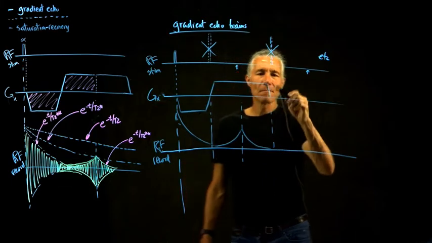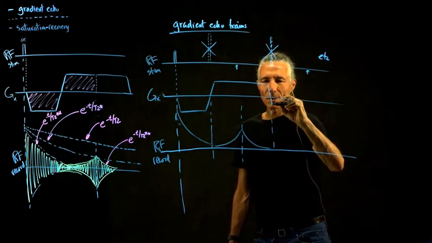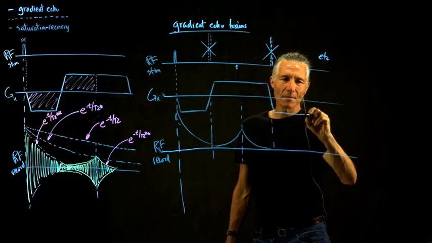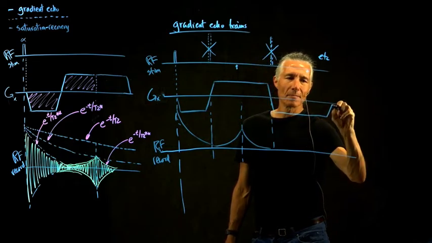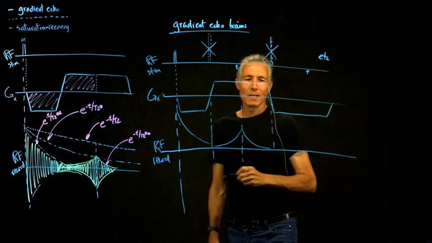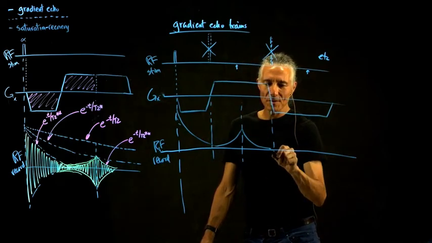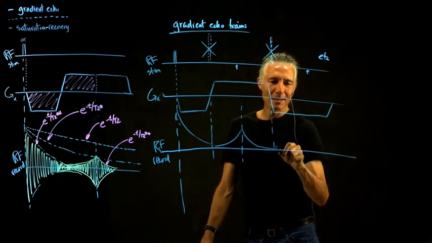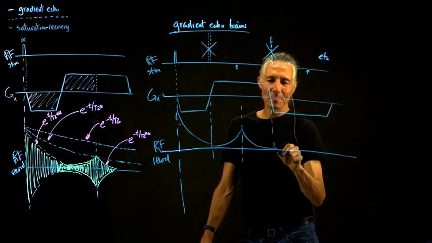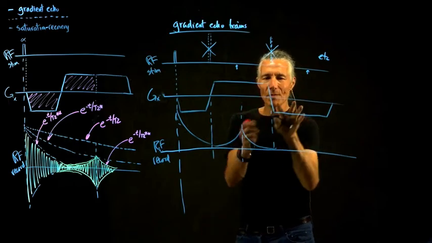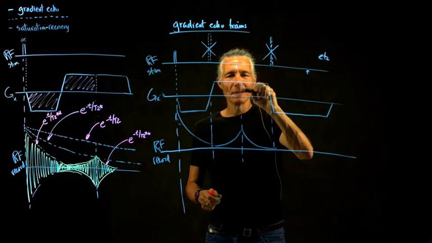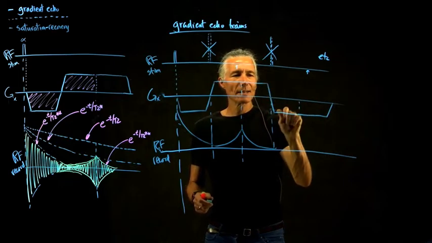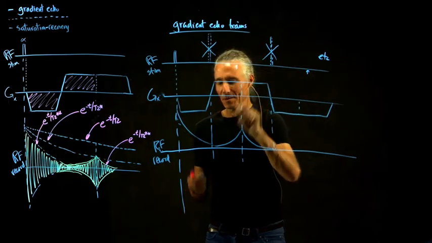Now we put the gradient on the opposite way, and so we mess it up in the opposite direction. Why are we doing that? Well, this one is canceling out the damage we did over here.